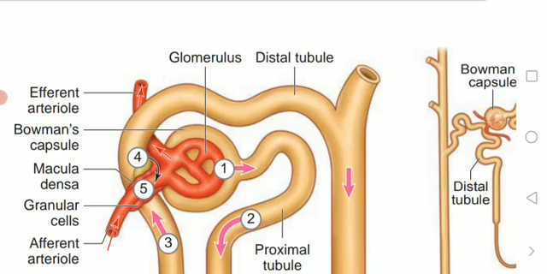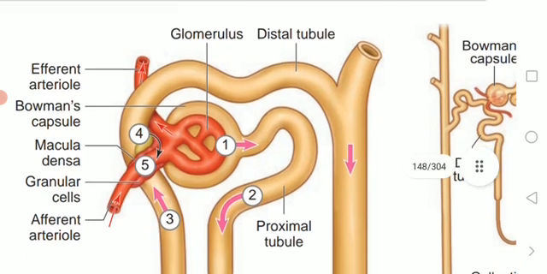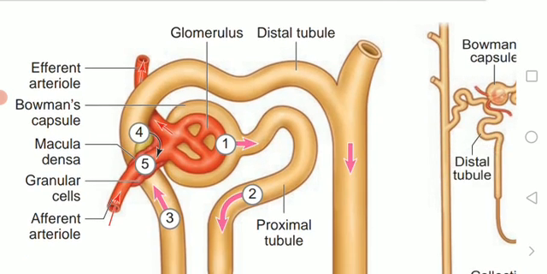So these are the three main processes we are going to see in the urine formation topic. This is an important topic. Listen carefully. Take out your textbook and underline these three main processes.